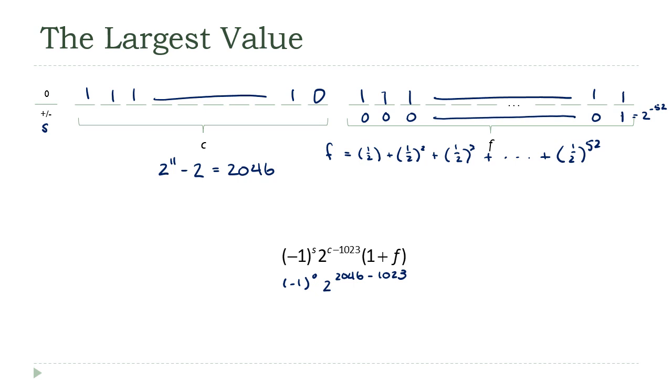Well, in binary, 1 plus 1 is 0, carry the 1. 1 plus 1 is 0, carry the 1, and so on, all the way down. So if I take my f and add 2 to the negative 52nd power to it, I get 1. So move that power of 2 over, and I get my answer: f is 1 minus 2 to the negative 52nd power.